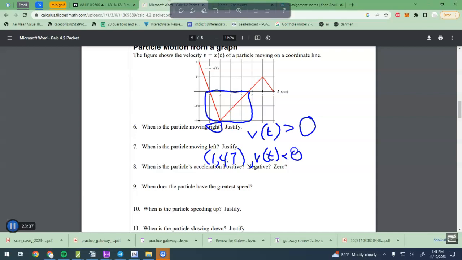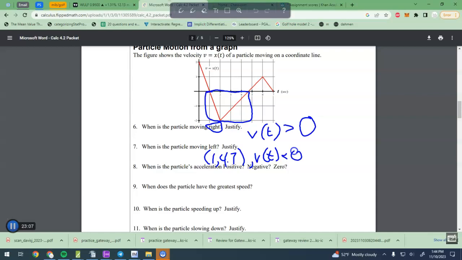I want to see if we can tell a story with this graph. At the start, I'm walking 2 meters per second down the hallway. Someone starts the clock, and then I start slowing down. I saw a person I didn't want to talk to, so I started slowing down. What am I doing right here? I'm stopped. My velocity is 0. Now I'm going faster in the other direction.